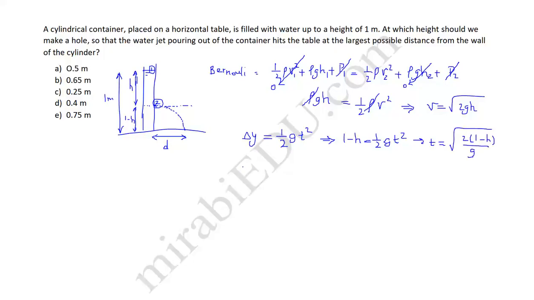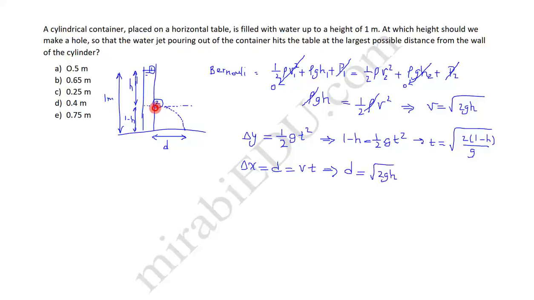And in the x direction, delta x, which is the d, is equal to vt, because it's a uniform motion in the x direction. There's no acceleration in the x direction. So I replace v with radical 2gh. This is the initial horizontal speed.